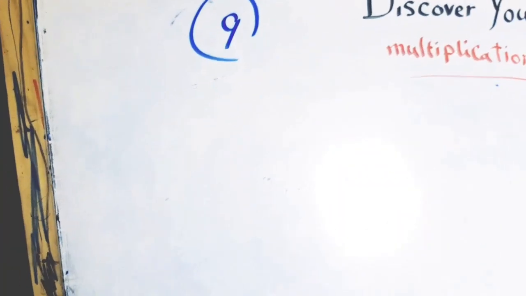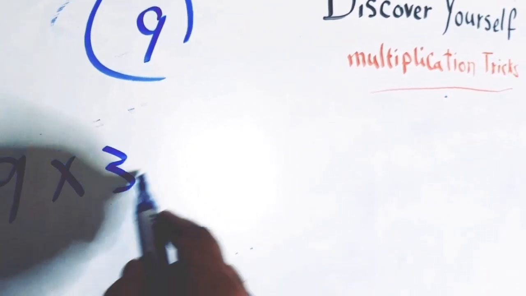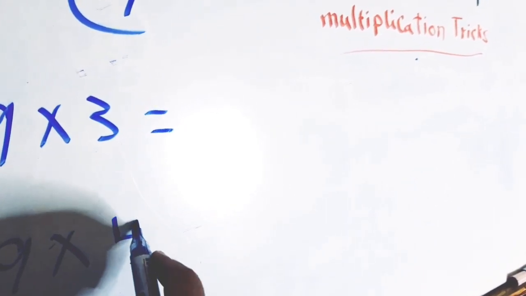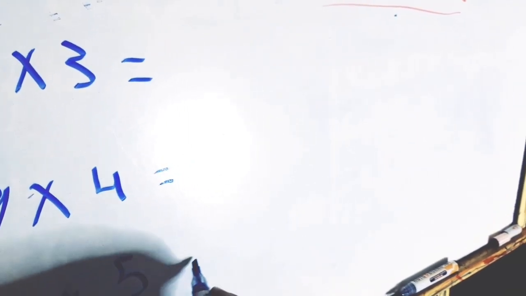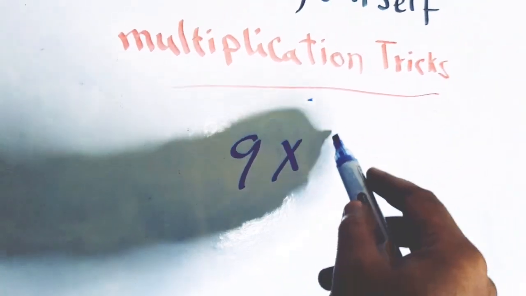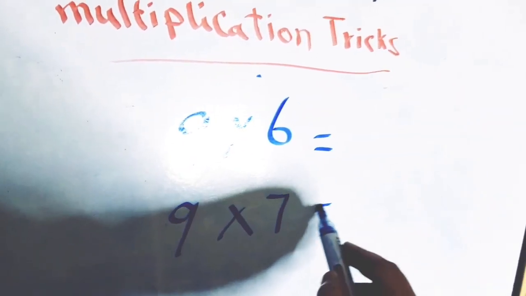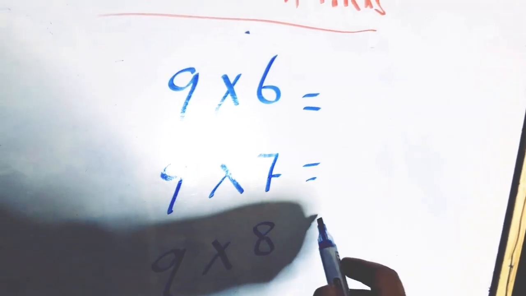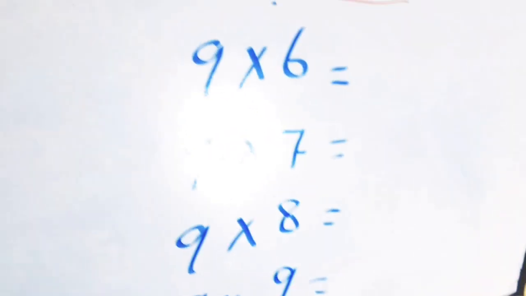Let's start. 9 times 3, 9 times 4, 9 times 5, 9 times 6, 9 times 7, 9 times 8, 9 times 9.